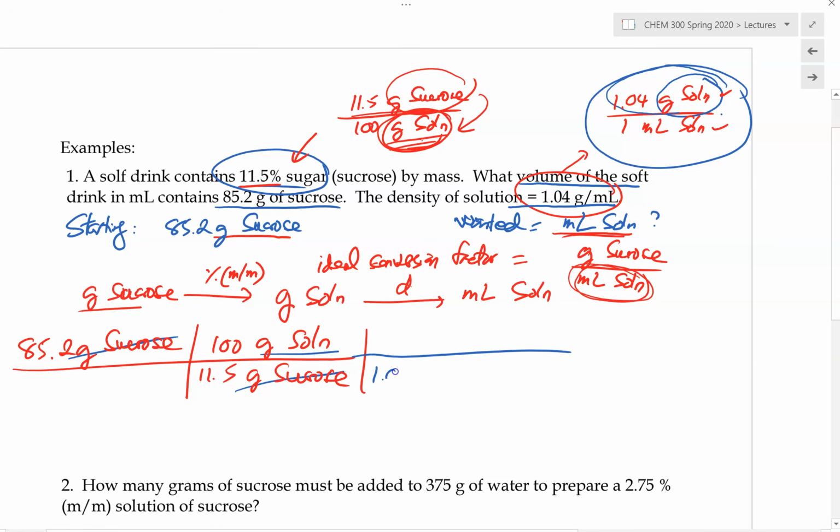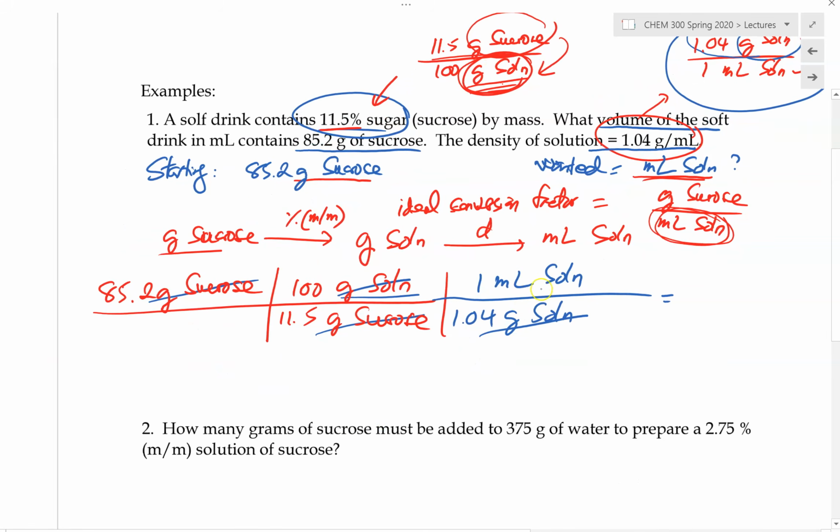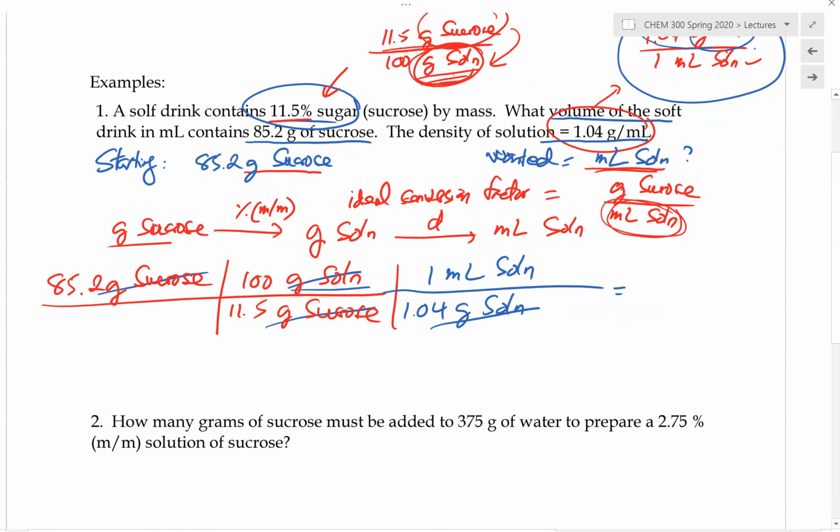So we put 1.04 along with that unit, gram of the solution, and on top would be 1 milliliter of the solution. Now gram of solution will cancel as well, and we end up with milliliter of solution. This equals 712 milliliter of solution, and the answer needs to be rounded to 3 significant figures.